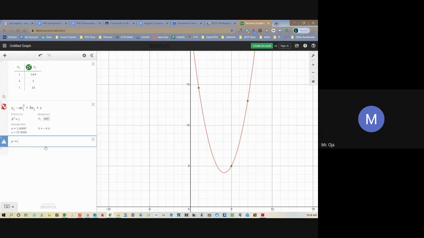Y equals 1.06667 x squared minus 8.8x plus 22.3333. And what do you know? Look, it sits right on top. That's the equation of that parabola that it gave us. It fits those points perfectly.